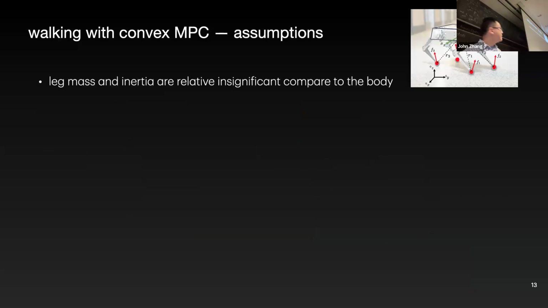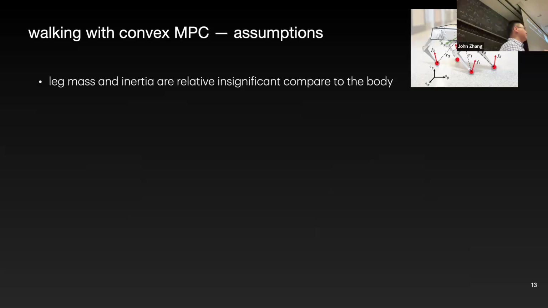So the assumptions that we're making here are, number one, that the leg mass can be ignored, or is much smaller than the body mass. This is essentially a function of control and design co-optimization.